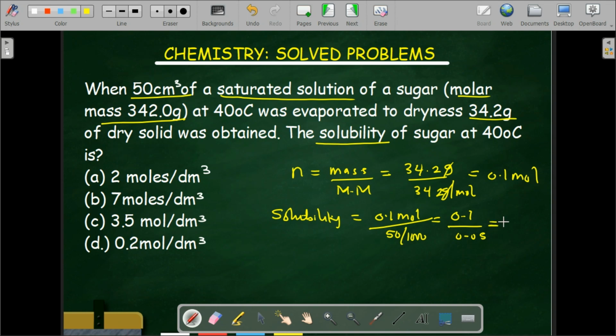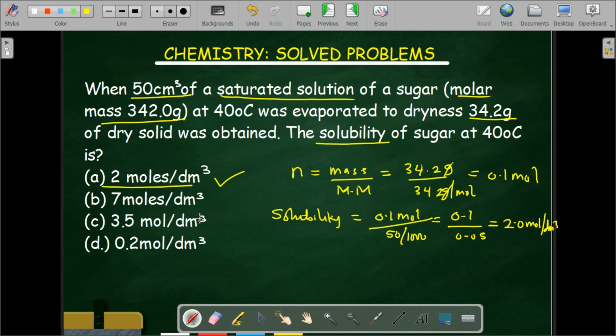If we compute this, we get 2.0 moles per dm cube as the solubility of the given sugar solution. So from here, we see that option A is the correct answer.